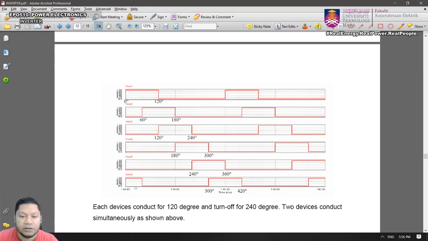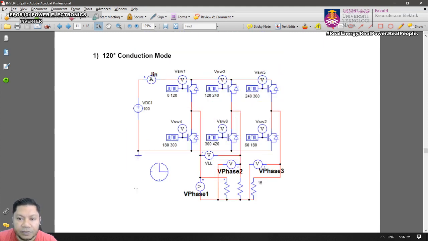Okay, so let's look at the circuit again. So we know that switch 1 is on and switch 6 is on. The rest is off, and appears as an open circuit. So the current will be flowing from the source here.